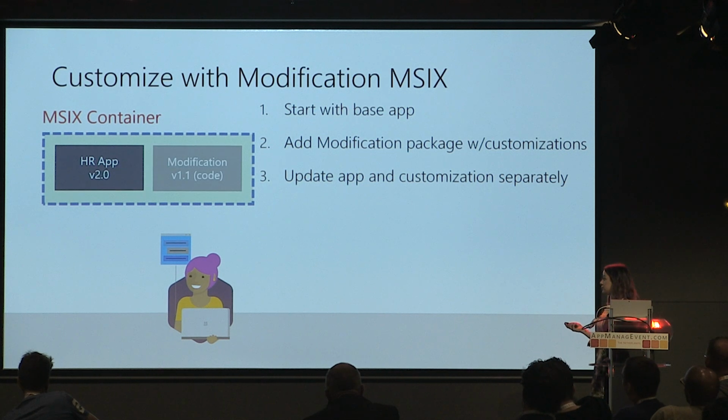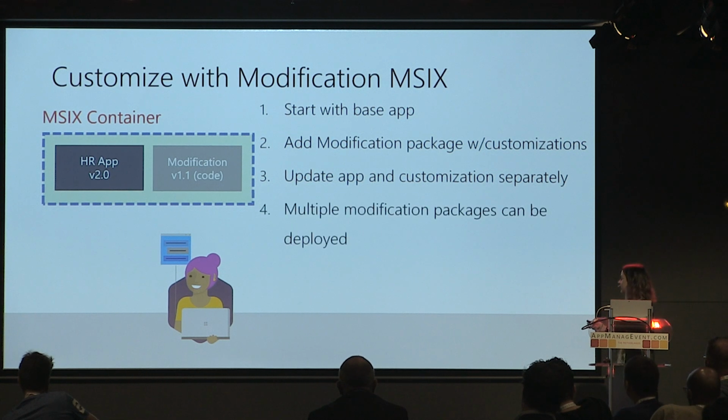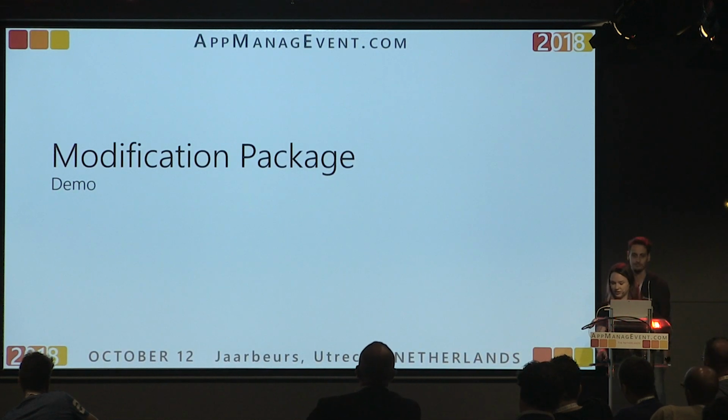You can also update your modification package without having to make any changes to your main application. And you can also have multiple modification packages per main application. So now we're going to do another demo of what that can look like.